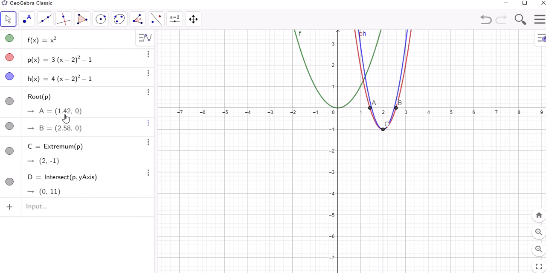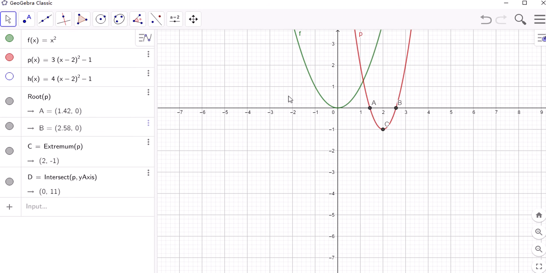A is 1.42 and 0, and B is 2.58. And the vertex point C has the coordinate 2 and -1.